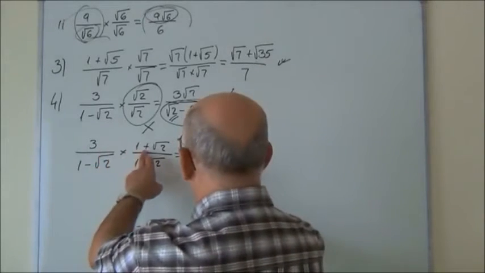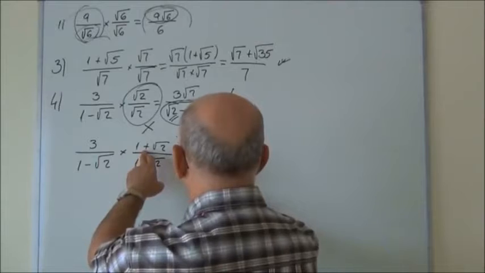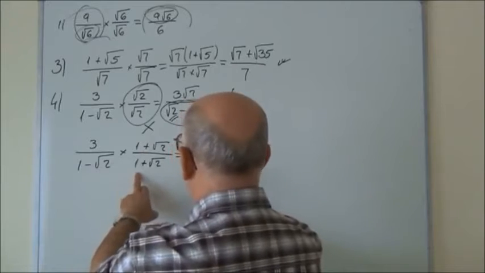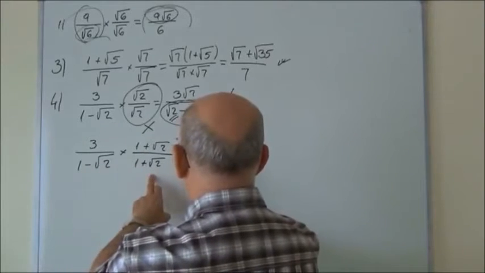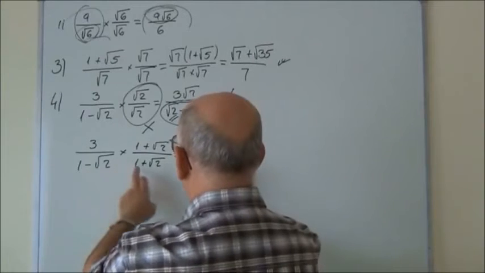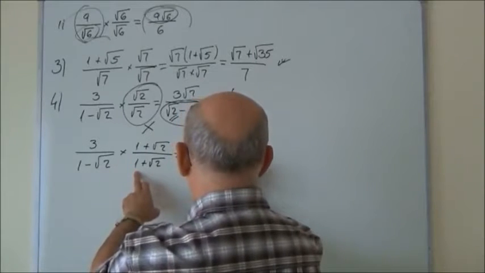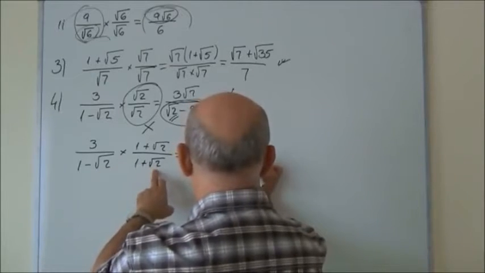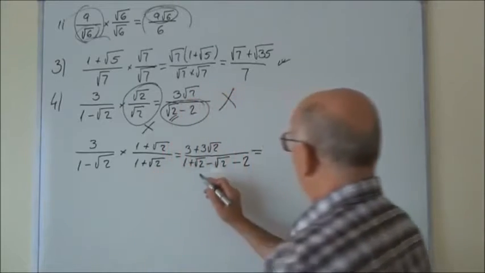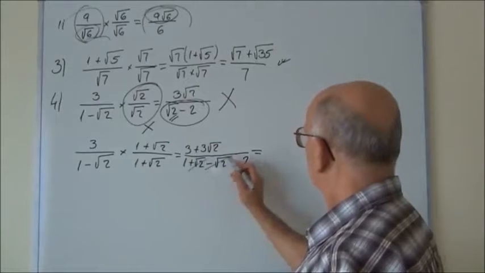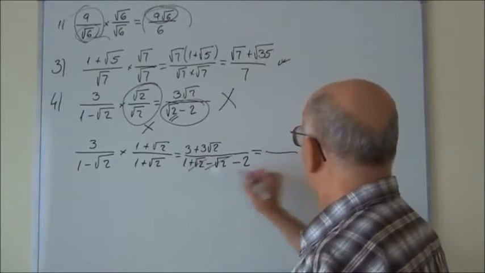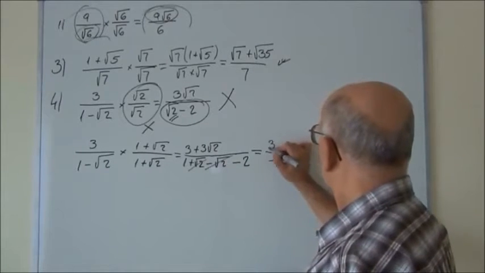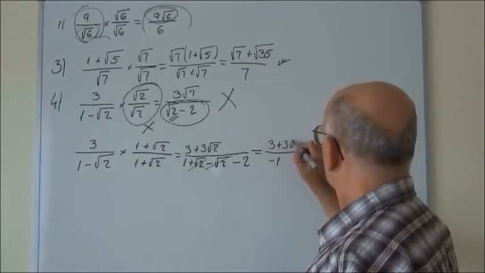On the top we have 3 times 1 is 3, plus 3 root 2, but here 1 multiply 1 is 1, 1 multiply root 2 is root 2, minus root 2 multiply 1 is minus root 2, and minus root 2 multiply root 2 is just 2, and plus root 2 and minus root 2 is 0, and in the denominator 1 minus 2 is minus 1, on top 3 plus 3 root 2.